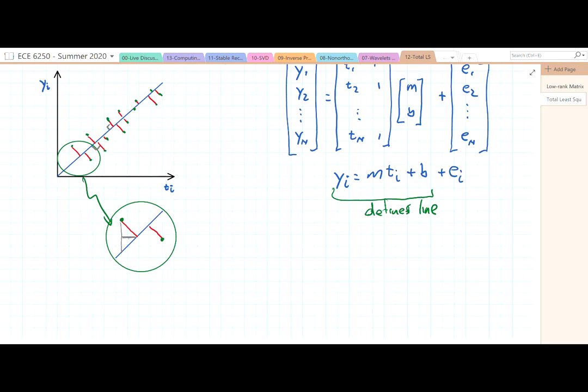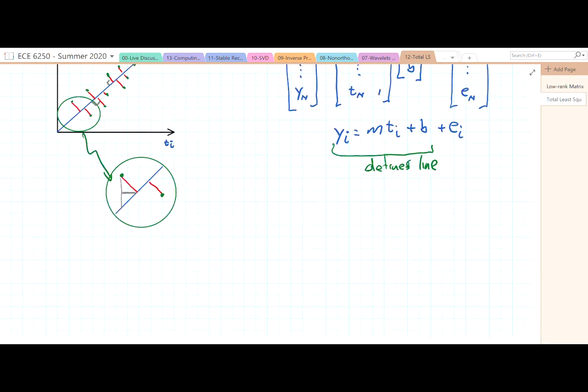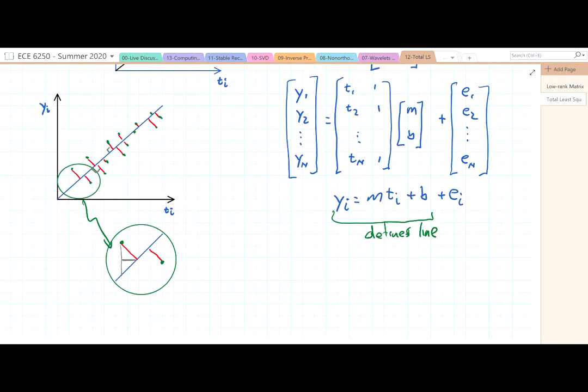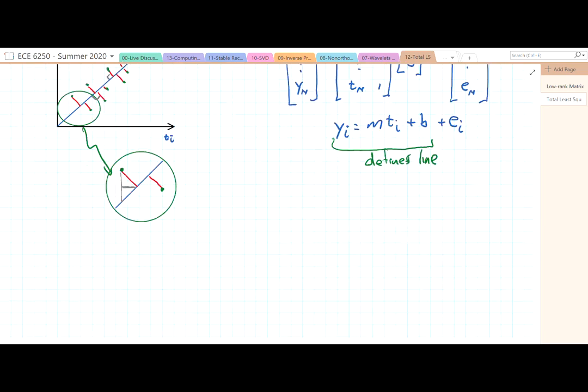So this is assuming we have errors in both directions. So we're going to simplify our approach here, and in this particular example, we'll get rid of the b term, and let's just look at the slope and see what happens. But first we can set up the problem, which does work in general.